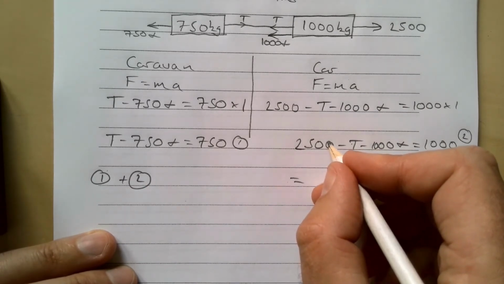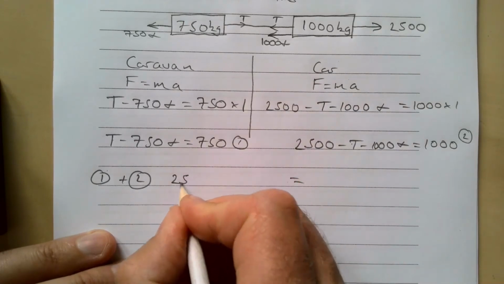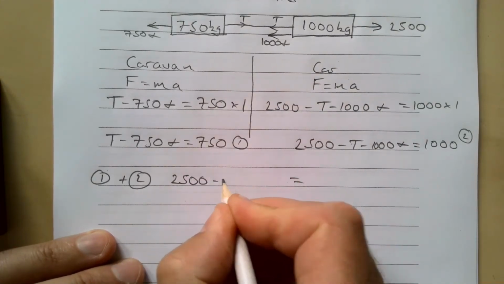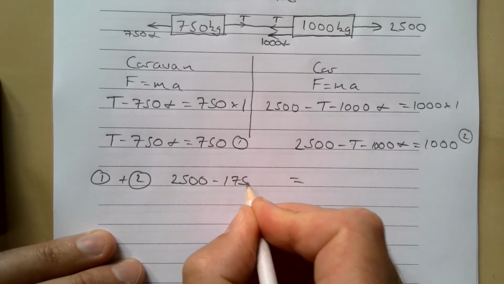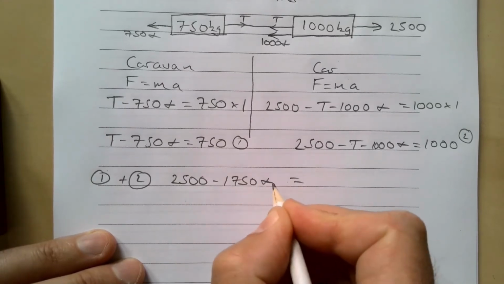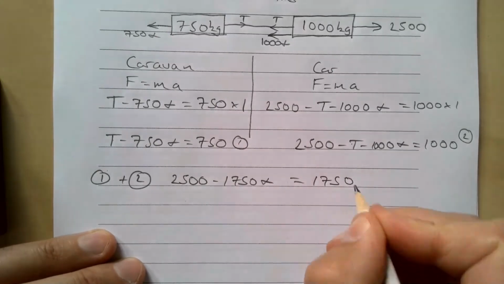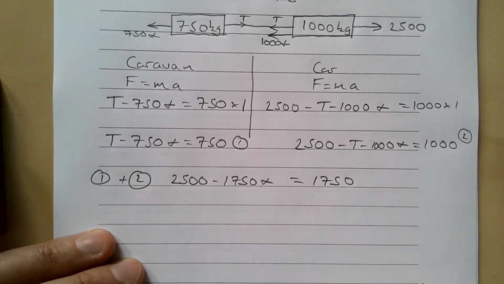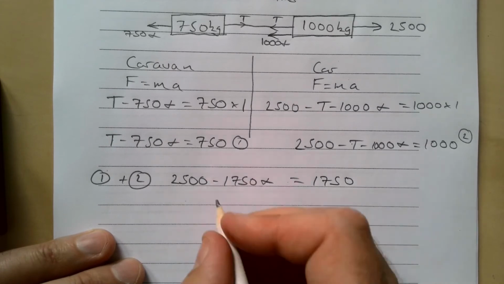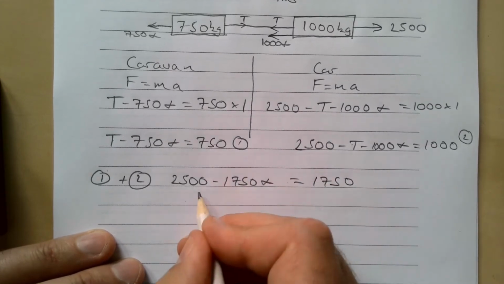So I'm going to have 2,500 minus 1,750 alpha. On the right hand side I have 1,750. So I'm going to take this over to here and this over to here.